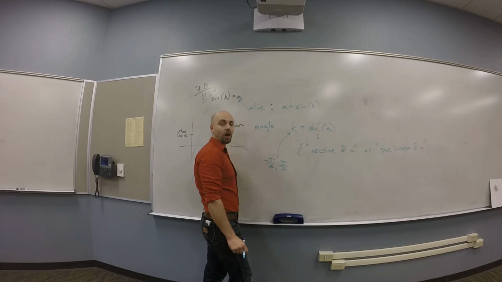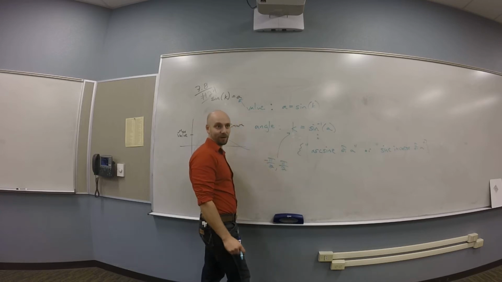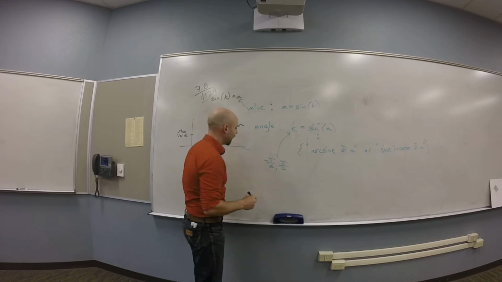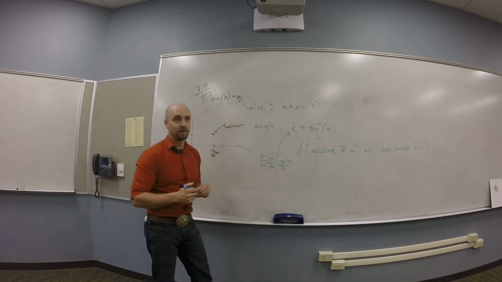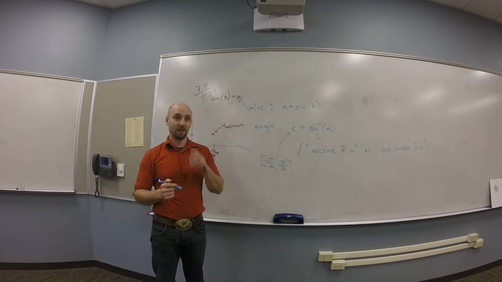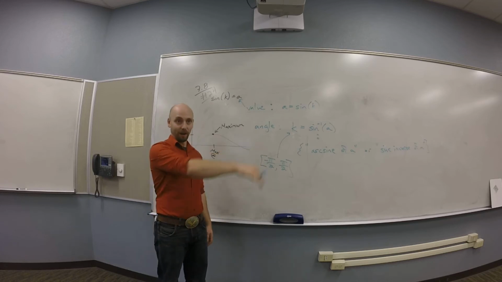You guys see that? Otherwise, this isn't the angle, it's just like the reference angle for that one. You guys cool with that? That would be quadrants 1 and 4, the right half of the unit circle.